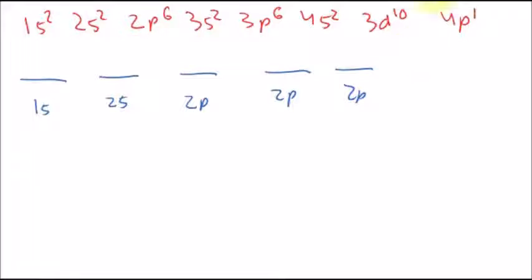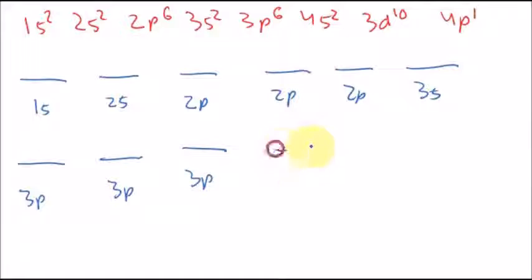Then 3s, we know the s sublevel only has one orbital, and then 3p6, which is 1, 2, 3, and then 4s, and then 3d10. Now here remember that a d sublevel has 5 orbitals, so we're going to have to draw 5 of them.